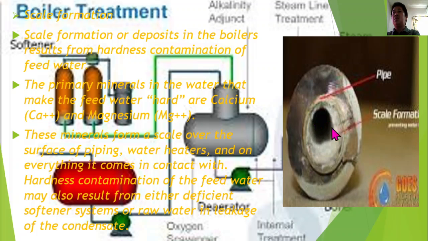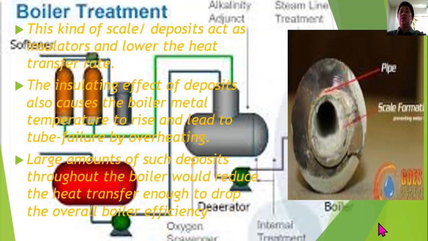So it is fouling already. One of the reasons also that this scale formation will build up is that your boiler feed water is alkaline or has high alkalinity. So this can also cause fouling or scale formation. So that is the example.